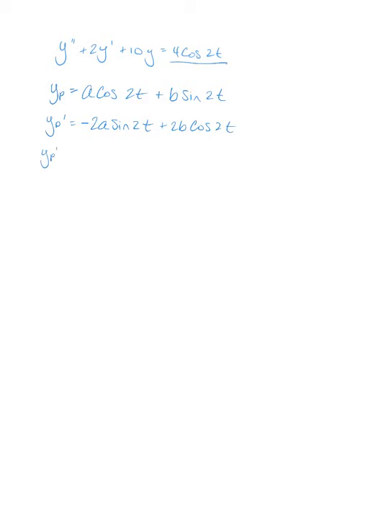And then y particular double prime, the derivative of the derivative. The derivative of sine is cosine, plus the chain rule means I have negative 4a cosine 2t. The derivative of cosine is negative sine, and I also have to do the chain rule, so I'm going to have negative 4b sine 2t.